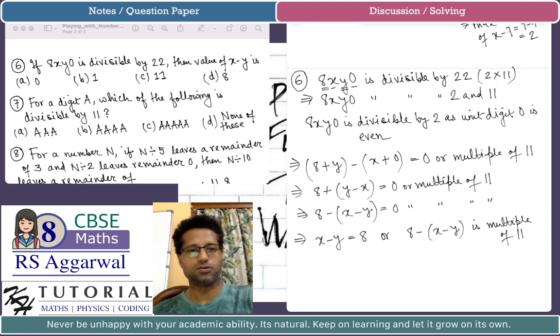We can also see in the choices given that choice D is 8. So we can right away select choice D as the correct choice.